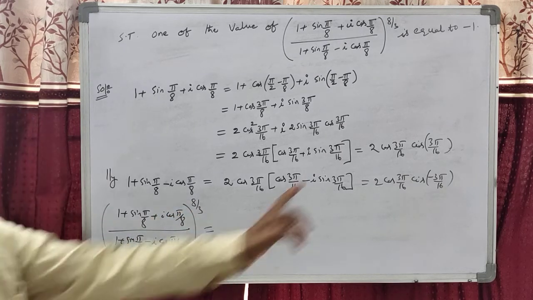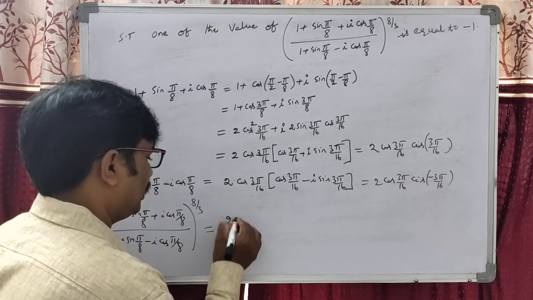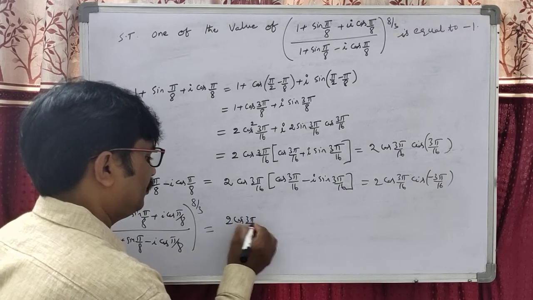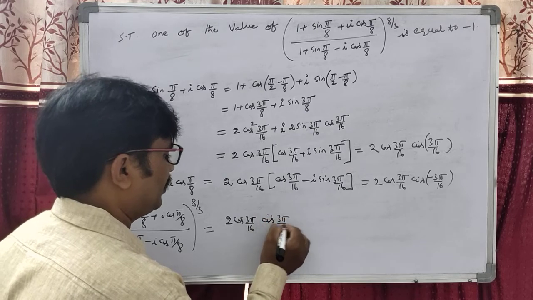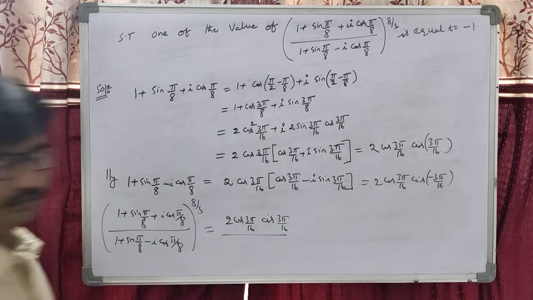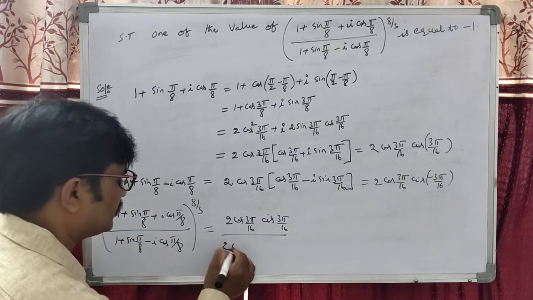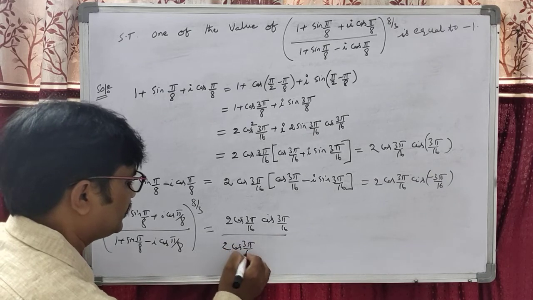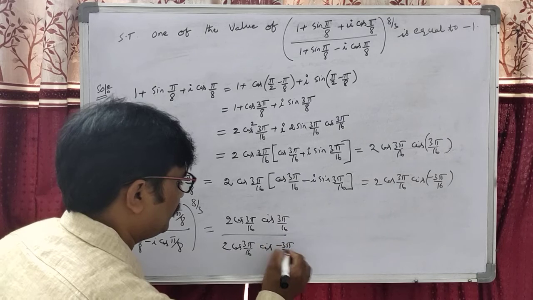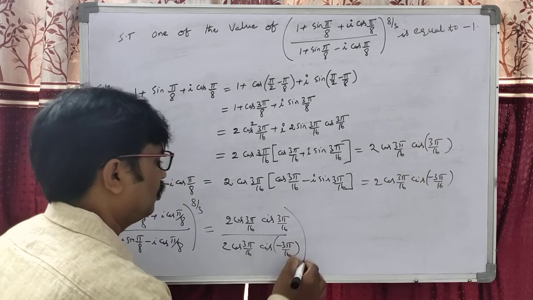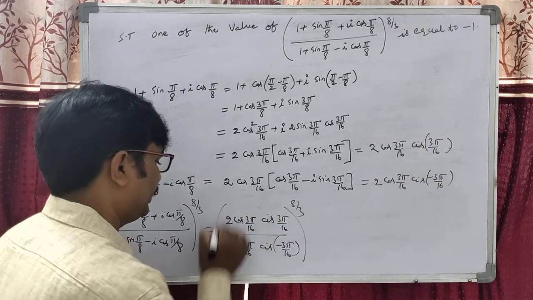This is 2 cos 3π/16 cis 3π/16 upon 2 cos 3π/16 cis of minus 3π/16, whole power 8/3.